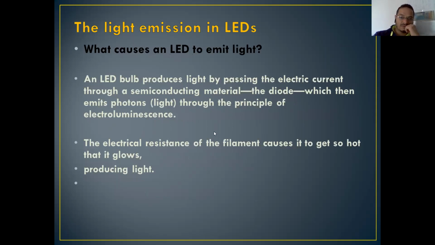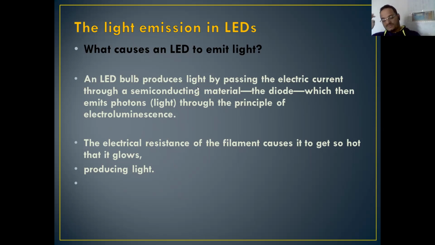What causes LEDs to emit light? An LED bulb produces light by passing electric current, like I said before, like the normal diode. We must apply a potential difference across a semiconductor material, the diode, which then emits light photons through the principle of electroluminescence. In a filament bulb, the electrical resistance of the filament causes it to get so hot that it glows, producing light.